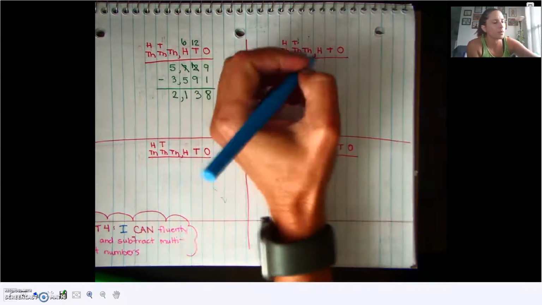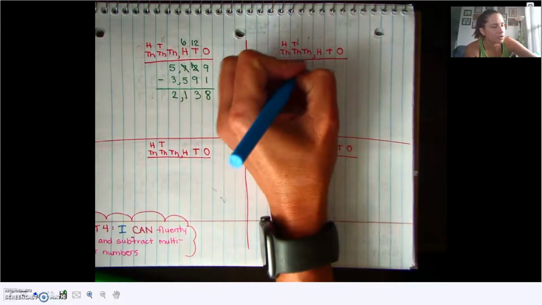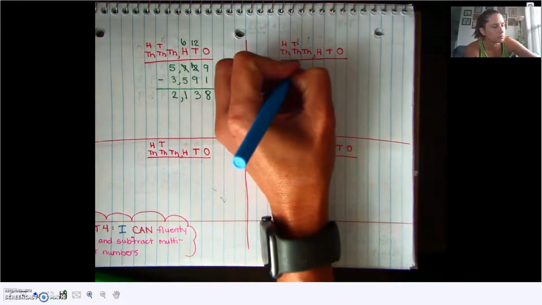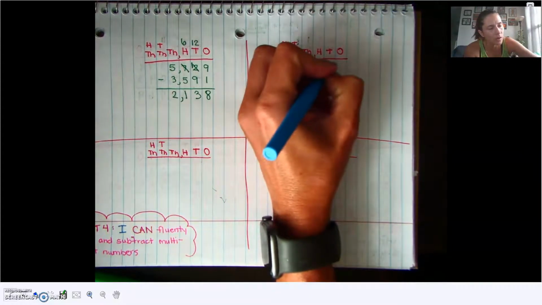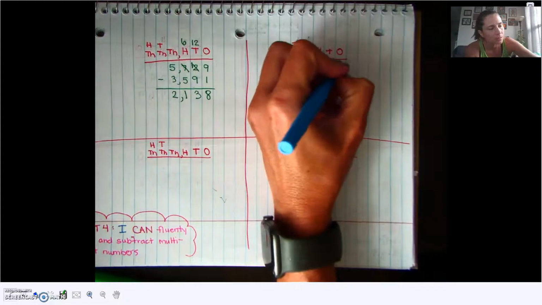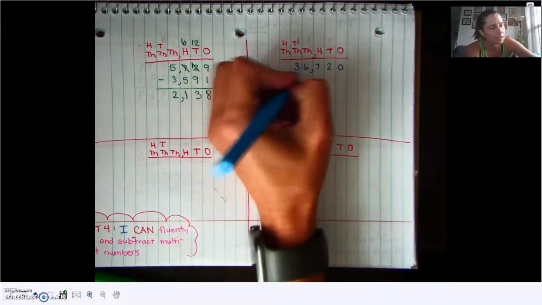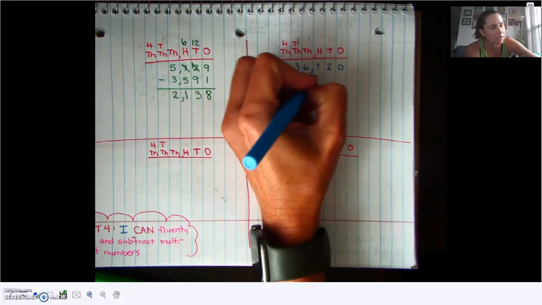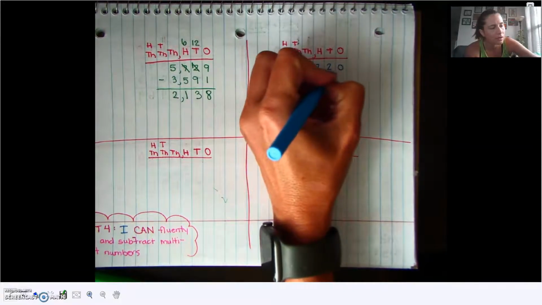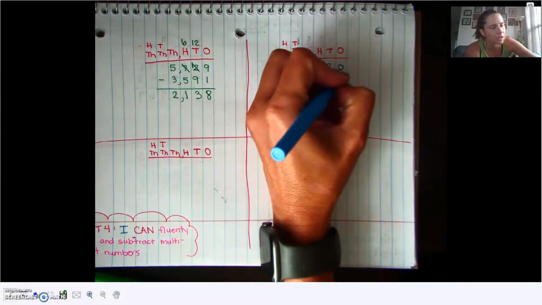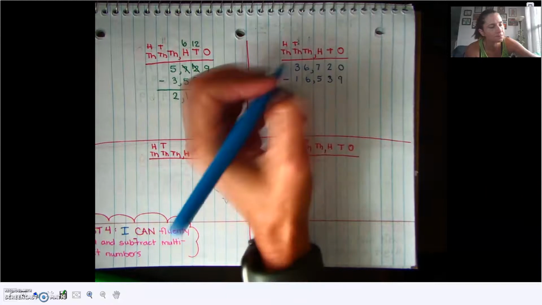All right, so our problem here is we're going to do 36,720 minus 16,539.